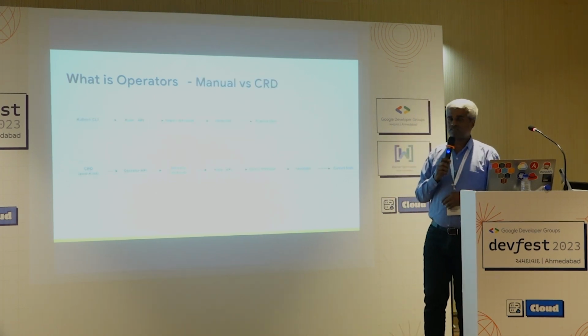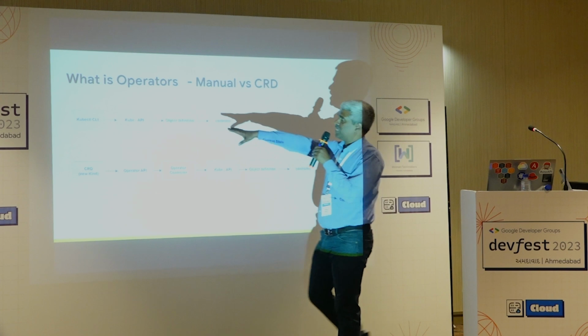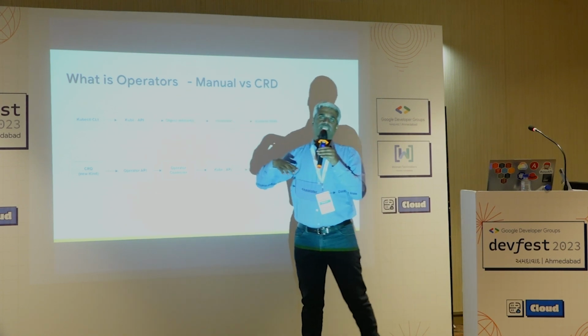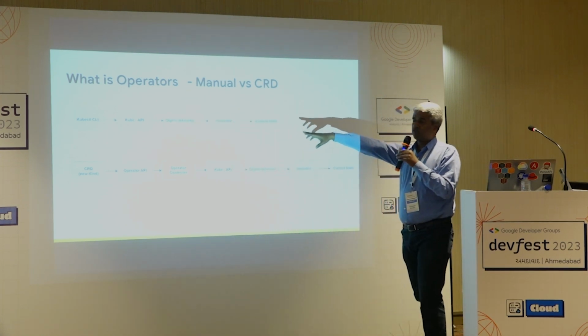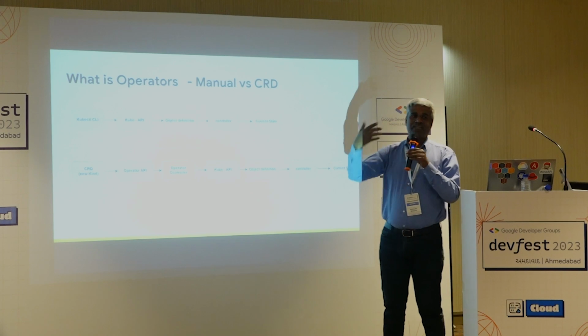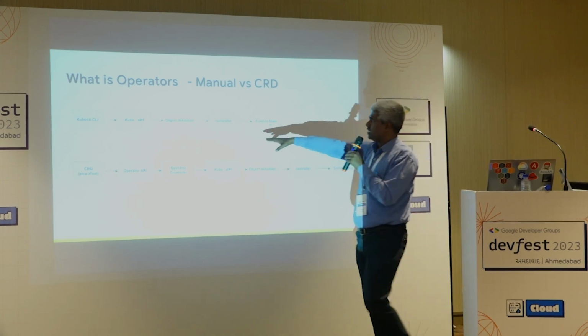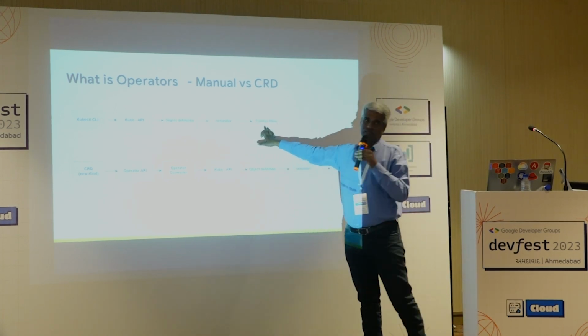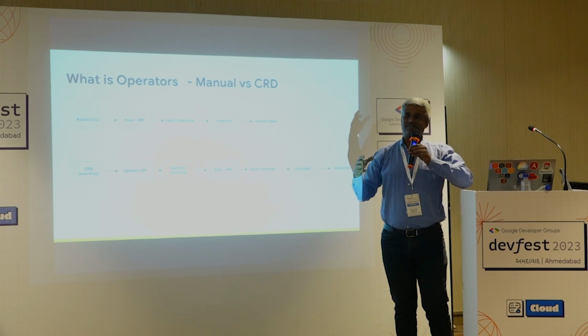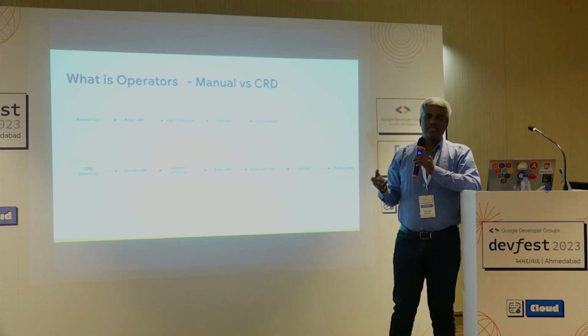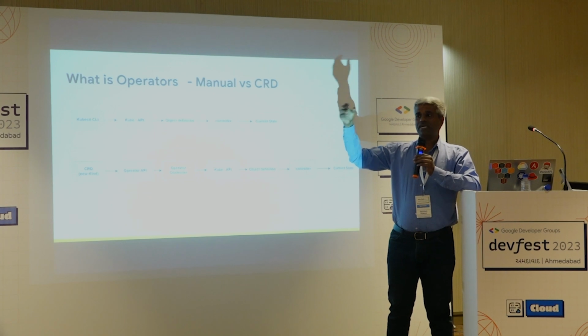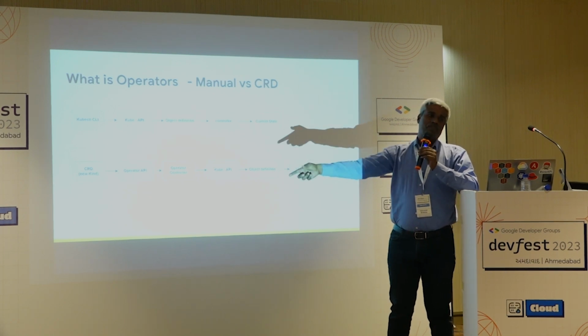So here, this is a very interesting flow. In a normal scenario, you run a kubectl command, then it goes to the kube API, and you define an object. Then this object will get a current state. We all know Kubernetes has a very simple logic: desired state and current state. It manages your desired state equal to current state.